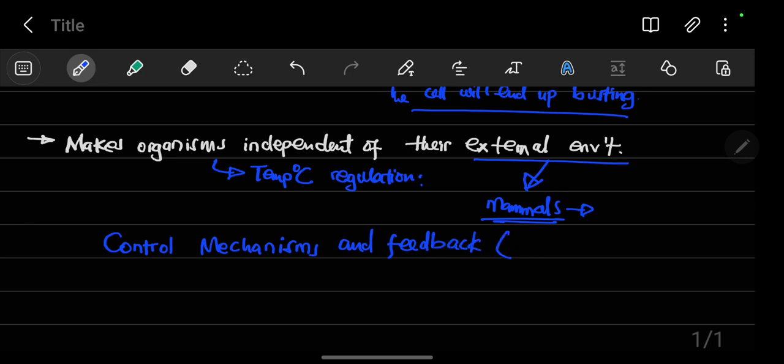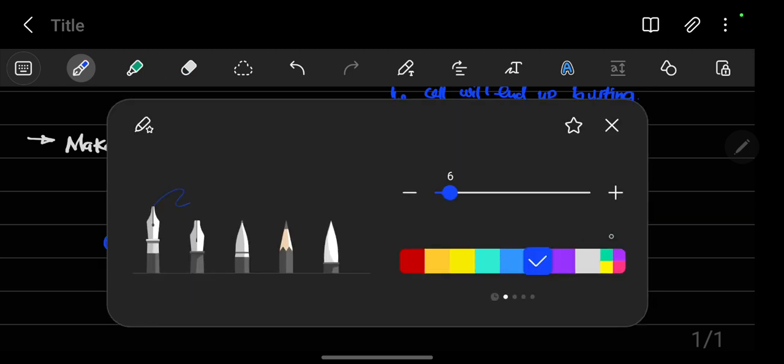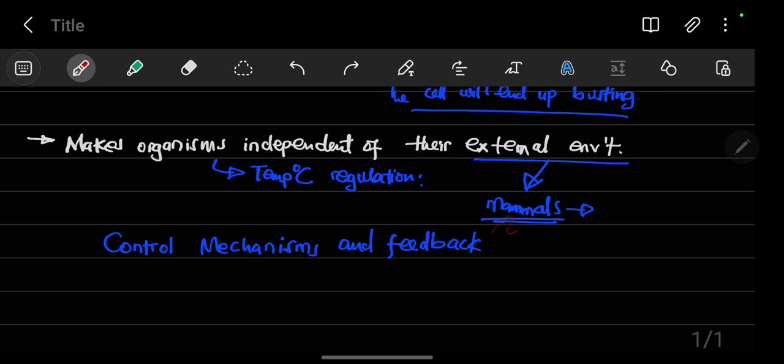So under this we are having positive feedback and negative feedback there.